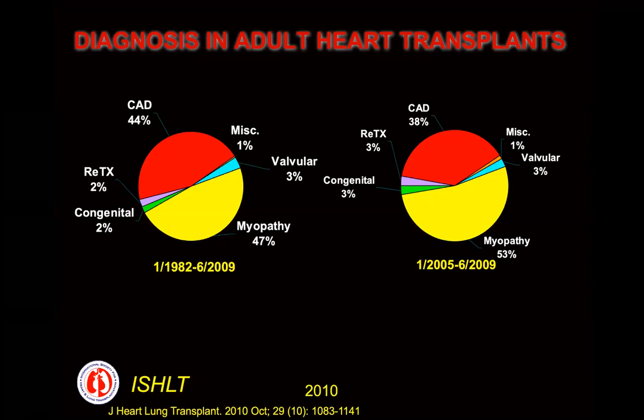Among the minorities, you find congenital 2%, retransplant 2%, and miscellaneous, whether it is postpartum, chemotherapy, or valvular, varying between 1 to 3%.